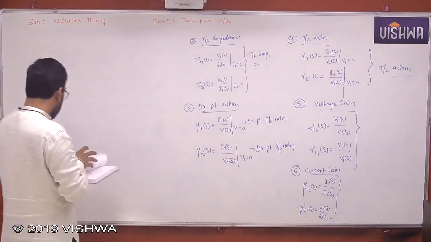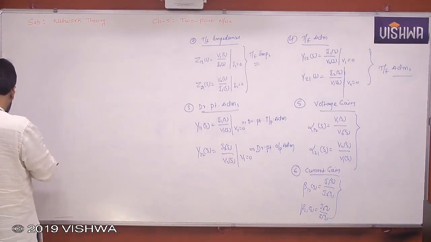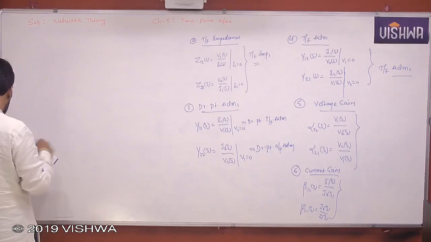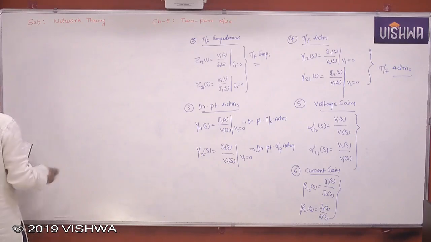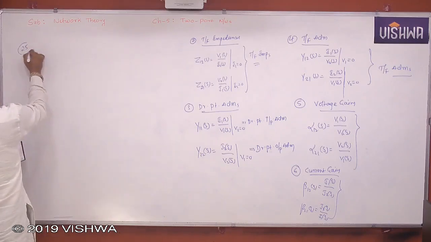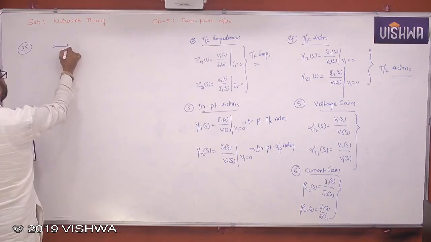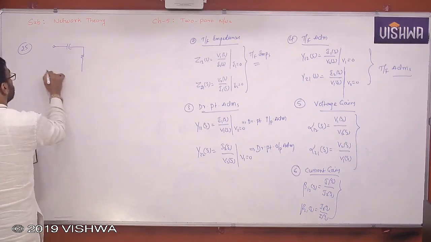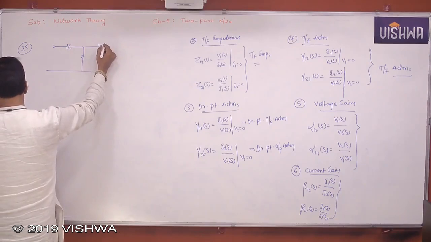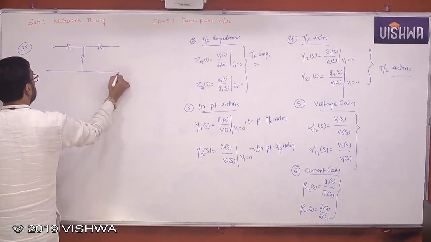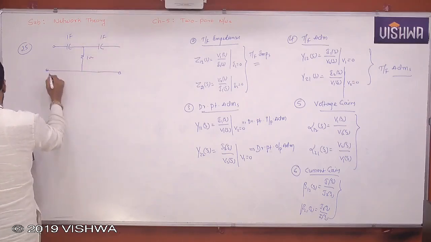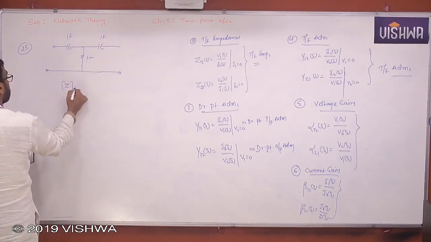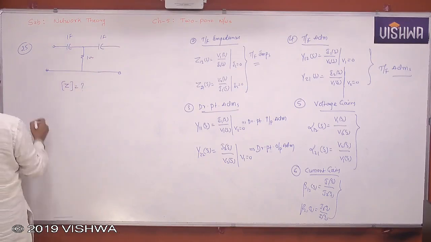A simple example I would like to take, 25th problem. One farad, 1 ohm. You're asked to find the Z matrix. 25A.